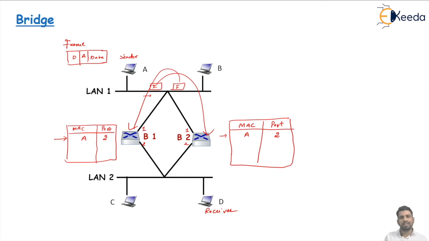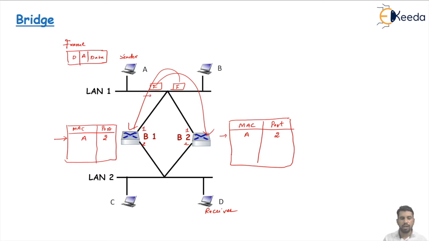This process continues on and on, because our bridges also act as repeaters and regenerate the frames. So in each iteration there are newly generated fresh copies of the frame, because bridges have the properties of both the physical layer and the data link layer. With the physical layer, they work as a repeater and regenerate the frame, and with the data link layer features they look at the MAC address and forward the frame to the particular port.